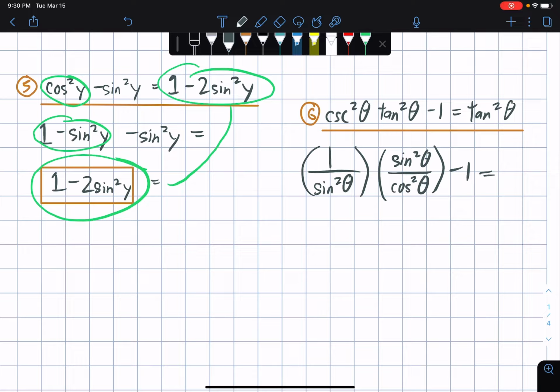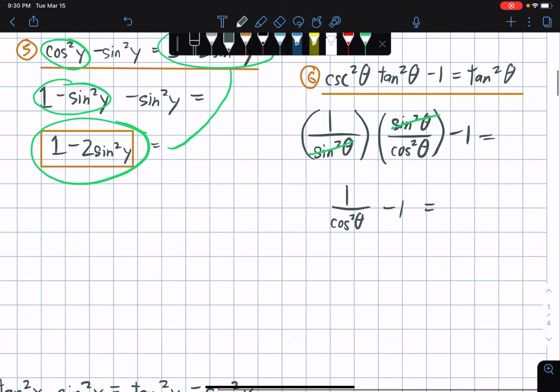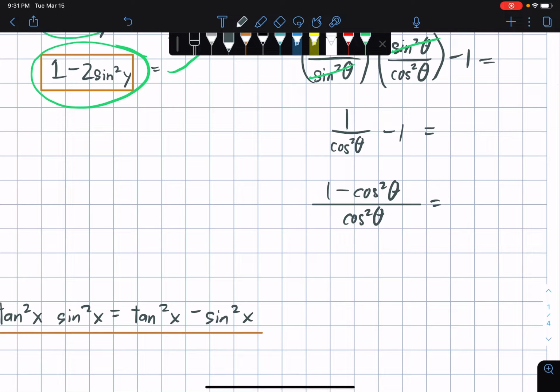So in that sense, we could cancel like terms, and we get 1 over cos raised to 2 theta minus 1. I hope that nothing else is wrong so far. Common denominator, we have to find that. So this is what we get. And in that sense, 1 minus cos raised to 2 theta, based on the Pythagorean identity, is equal to sine raised to 2 theta.